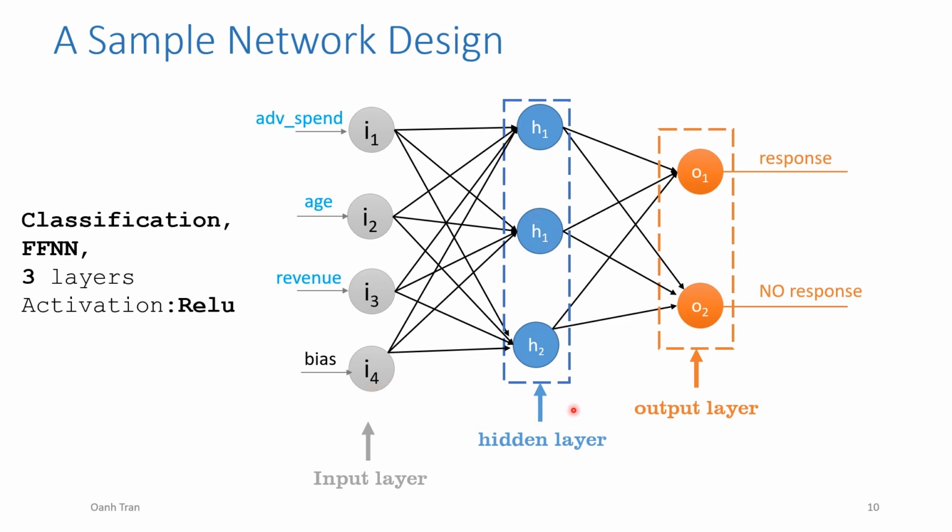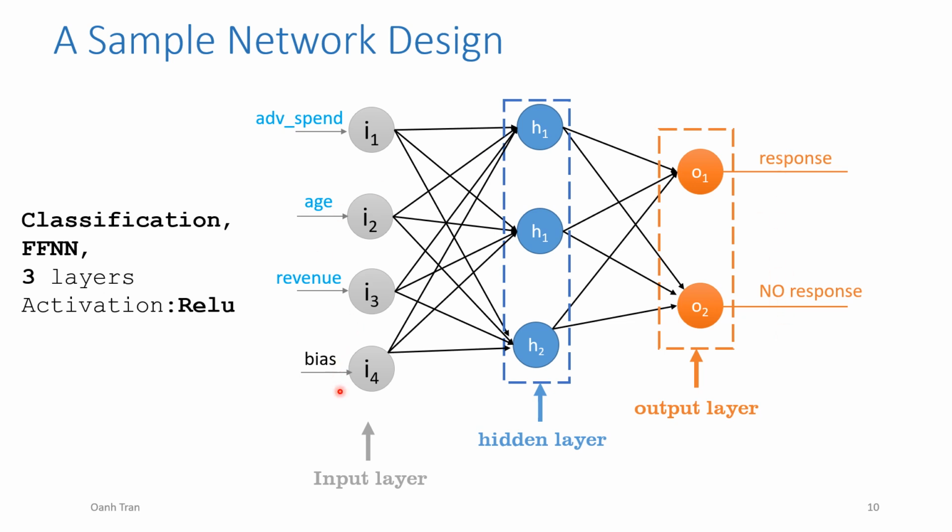For simplicity, I design only one hidden layer with three neurons. And for the output layer, following the principle, I designed two neurons for capturing two outcomes, respond or no respond.